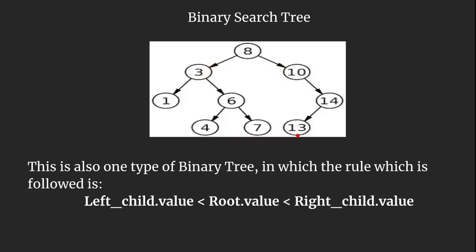If we observe more, all the nodes in the left subtree of this root node have values lesser than the root node value, and the nodes in the right subtree have values greater than the root node.